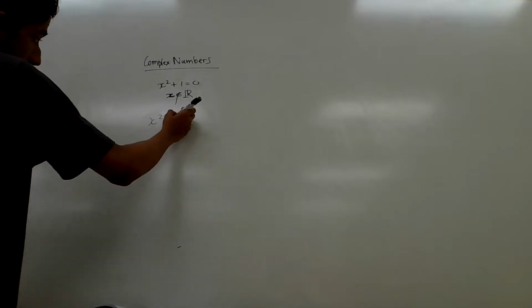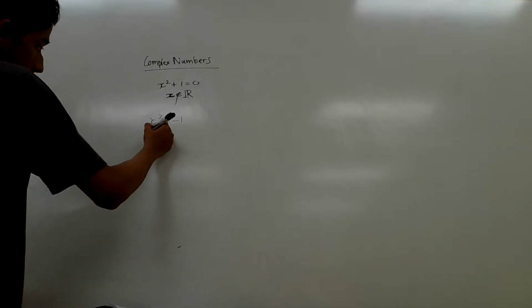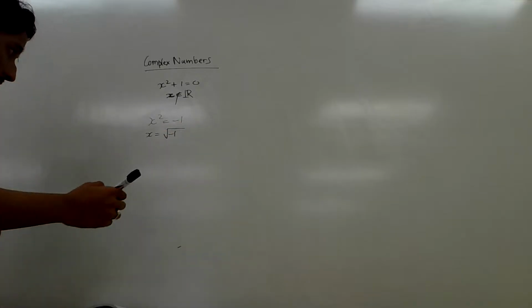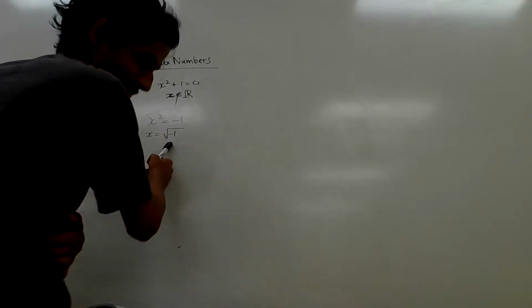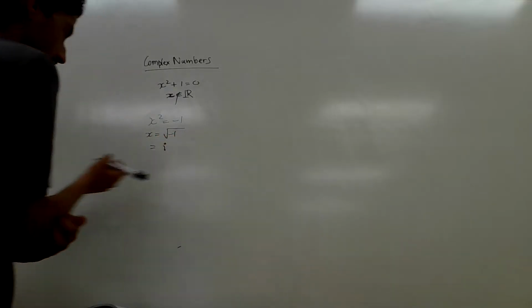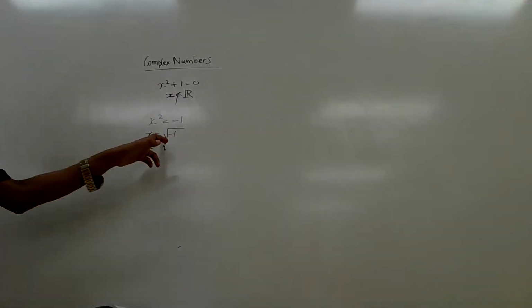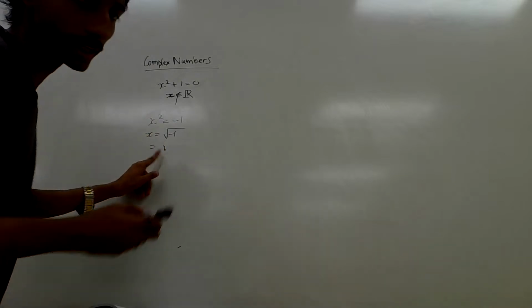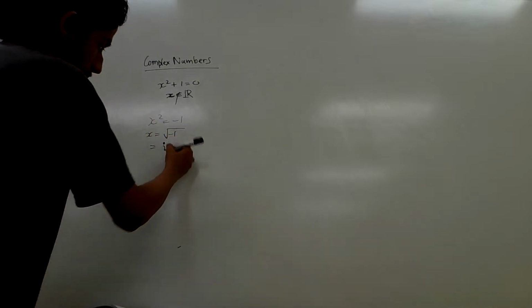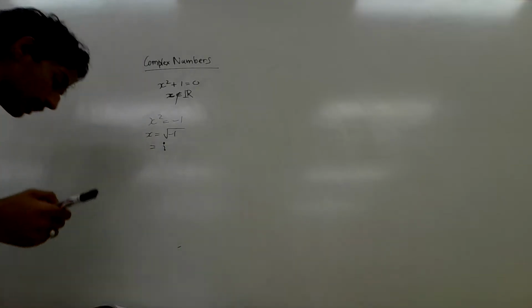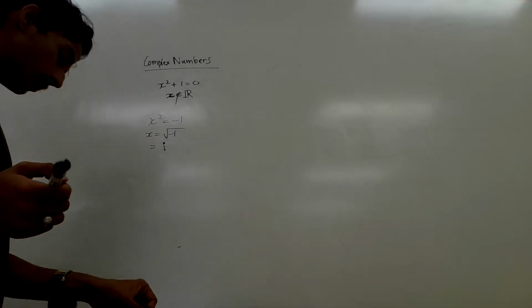So how do you solve this? x squared equals minus 1, so x equals the square root of negative 1, which looks very ugly if you're working with real numbers. So you define it to be iota. Iota is only written without a tittle, but for the sake of simplicity, and so it doesn't look like 1, it's written with that sign. So iota means that it's a different number.